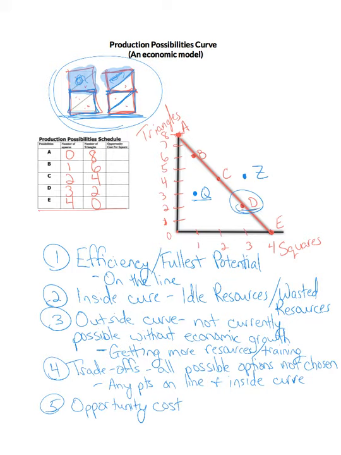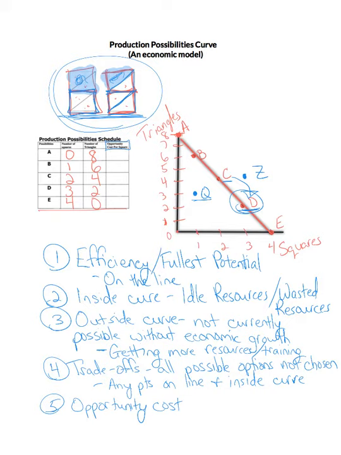Well, I said that we're picking point D, but what if my second choice was point C? So what if I had been at point C and then I moved to point D? What does that mean? That means that I am going to be giving something up. Now if you look over here at this chart, I do have a column where it says opportunity cost per square. So let's talk about this first and then we'll go back to my C to D.